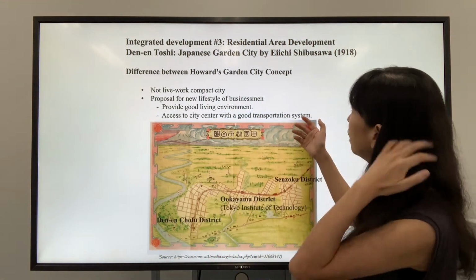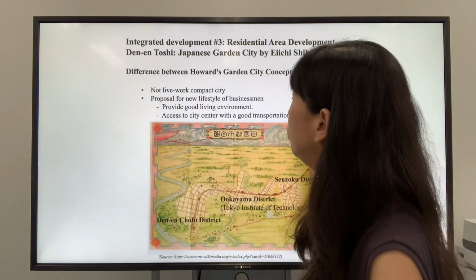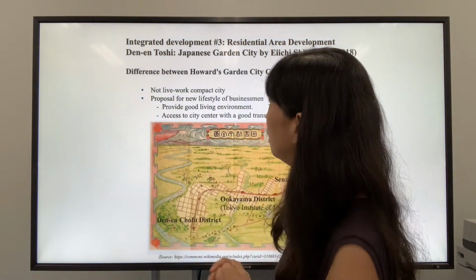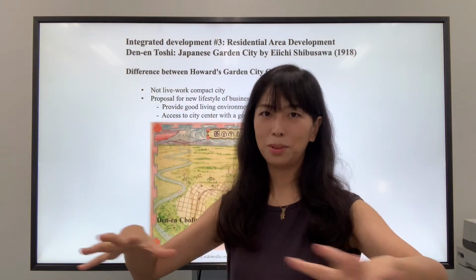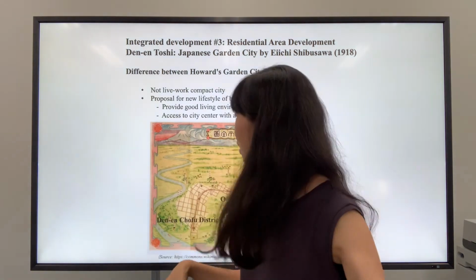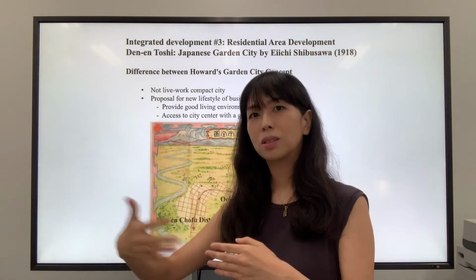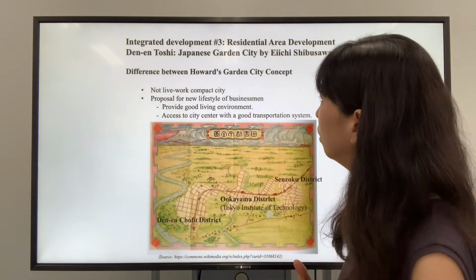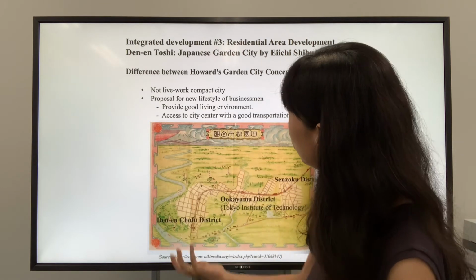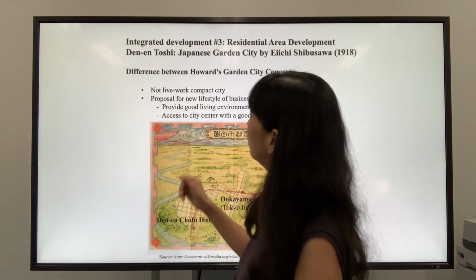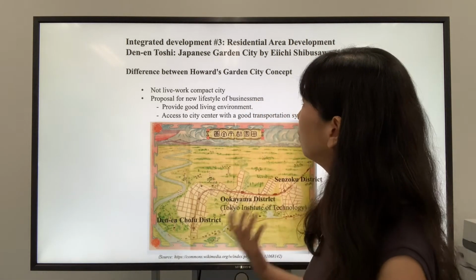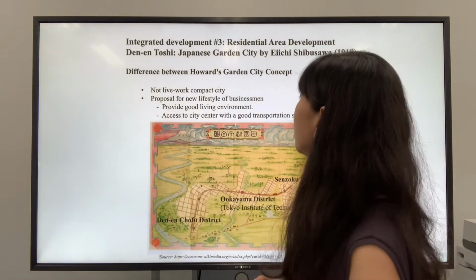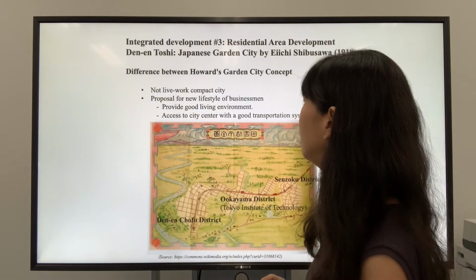However, the proposal by Shibusawa is that you don't live and work in the compact city, but rather you live in a very pleasant suburban area with greenery, and then you commute towards the center. So that is a big difference from Howard's garden city, and by introducing this new way, he is proposing a new lifestyle for businessmen, providing a good living environment and good access to the city center with this transportation system.